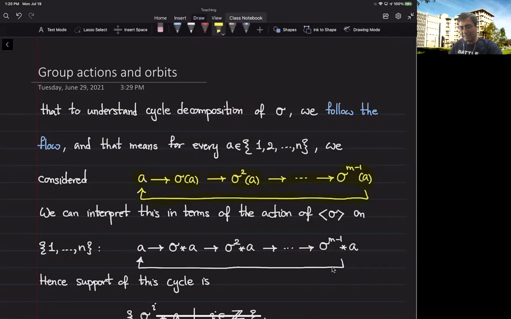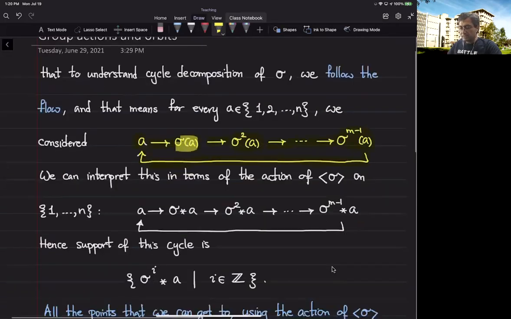Now, if I want to say this in terms of action, this is simply how sigma acts on a. This one is how sigma squared acts on a, and so on.